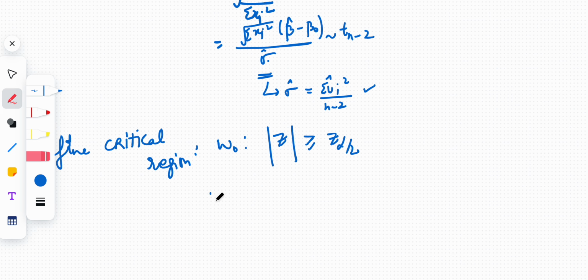And for the other one it will be T greater than T alpha by 2 with n minus 2 degrees of freedom, right?